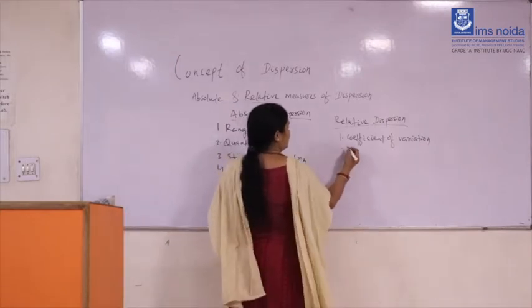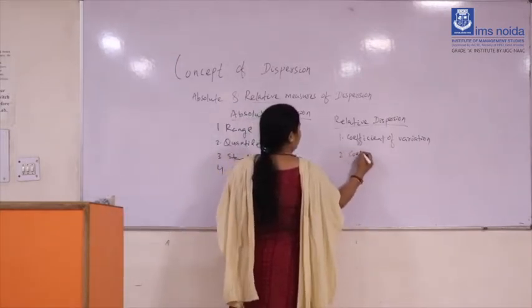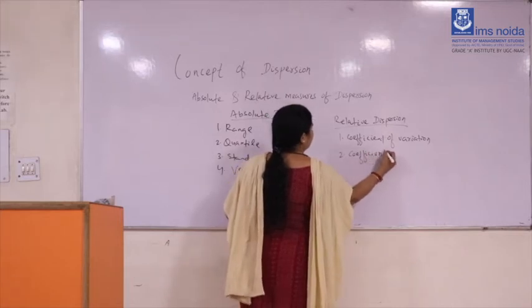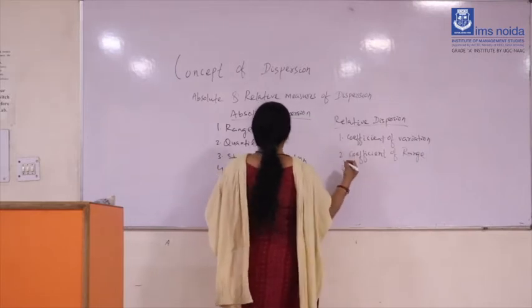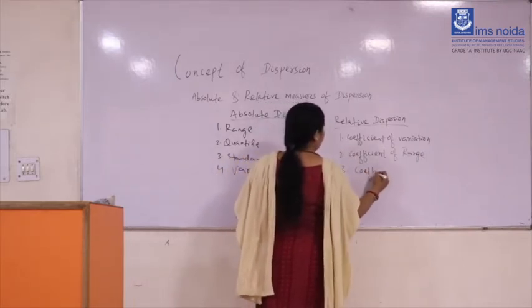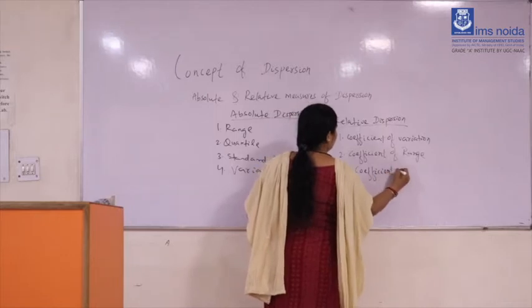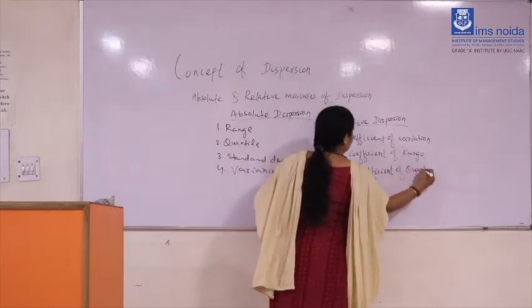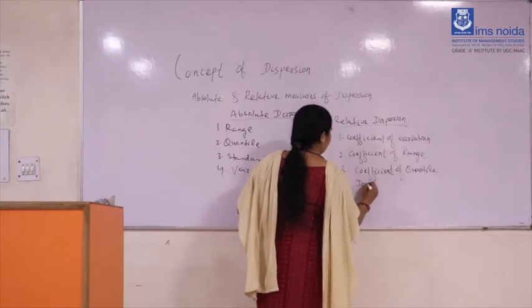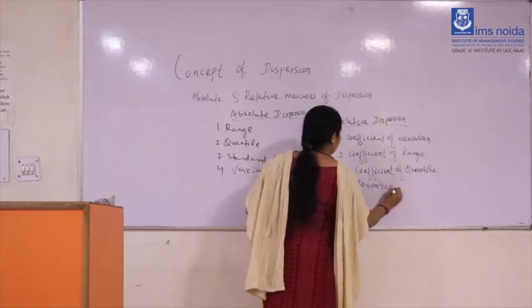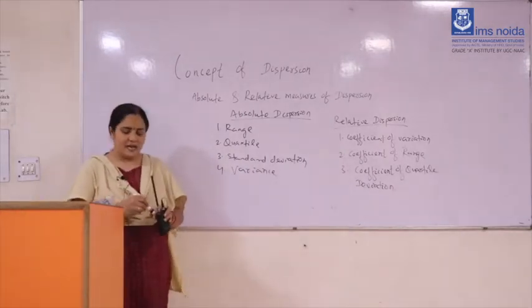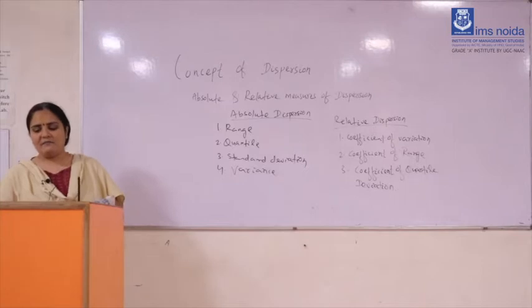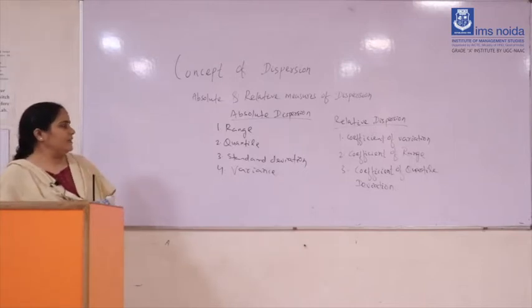And now you will discuss the coefficient of variation, then coefficient of range, third one is coefficient of quartile deviation. So here you can see the difference, what measurements we are doing in absolute deviation and what measurements we are doing in relative measurement.